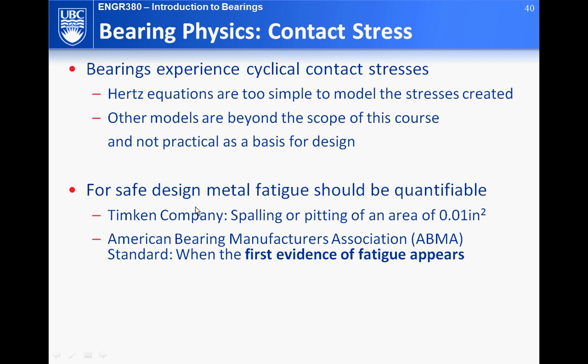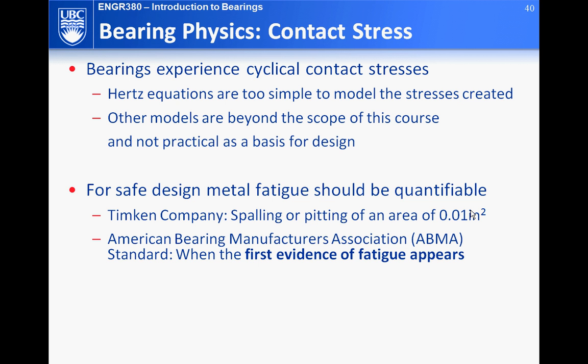The criterion for fatigue failure is spalling or pitting of an area of 0.01 inch square. So what is spalling? Basically, a little piece of metal chipped off on the surface of the raceway or on the ball. That's called spalling. If that spalling area is 0.01 inch square, then it's defined as a fatigue failure.